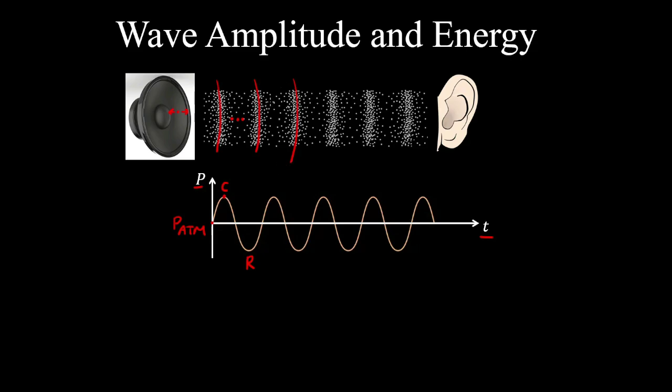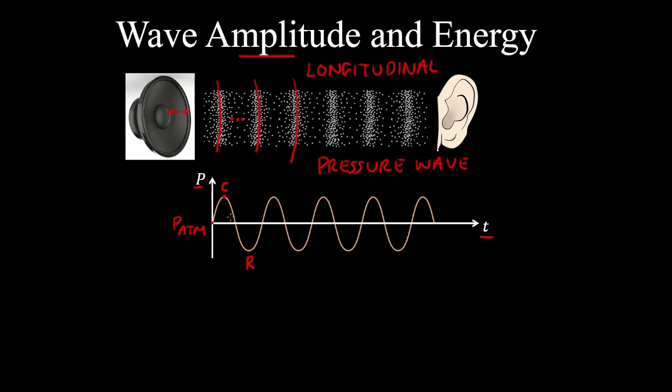Recall the sound wave is a longitudinal wave, and typically the amplitude of a wave is the maximum displacement of the wave from its equilibrium position. But in the case of a sound wave, being a longitudinal pressure wave, the amplitude can be determined by the maximum increase or decrease in pressure from the equilibrium pressure.